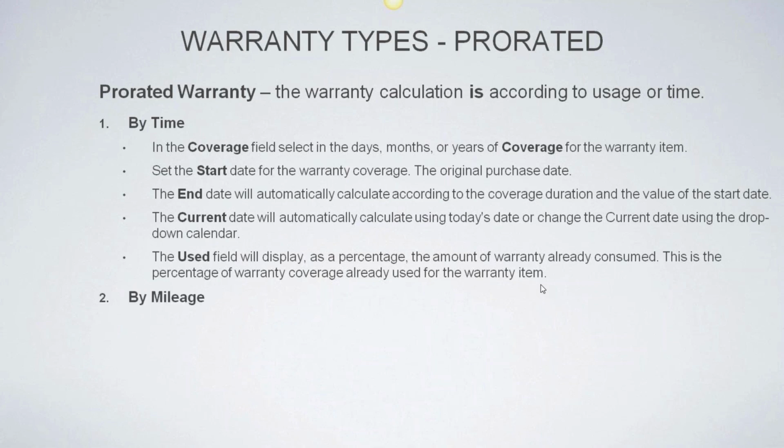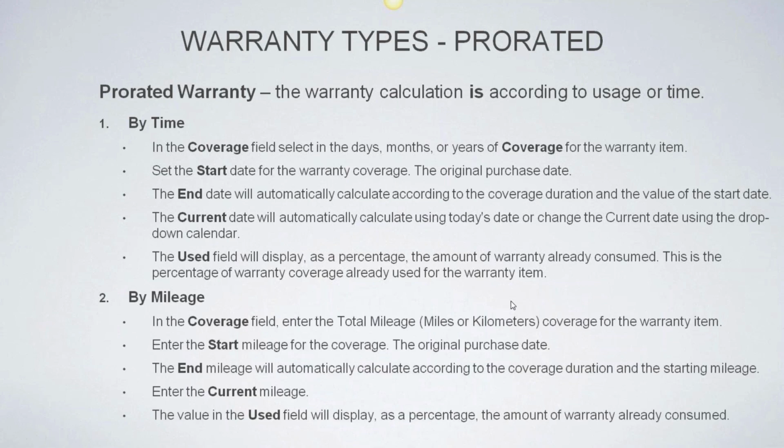The by mileage, normally used with tires, but it could be used with other items. In the coverage field, enter the total mileage, miles or kilometers, covered for this warranty item. Enter the start mileage, the original purchase, not date, but mileage, I'm sorry.